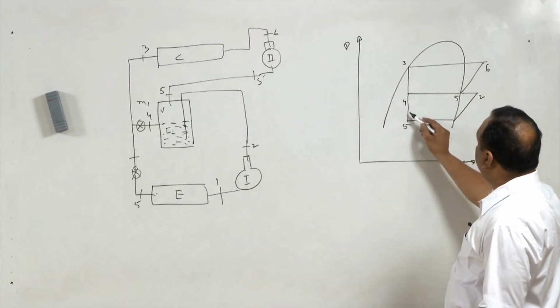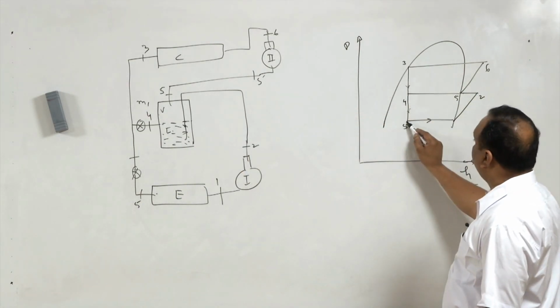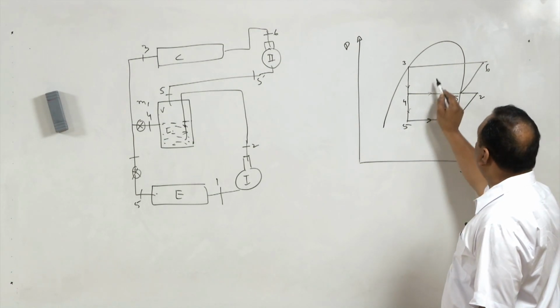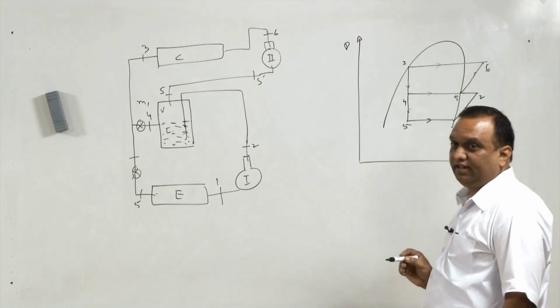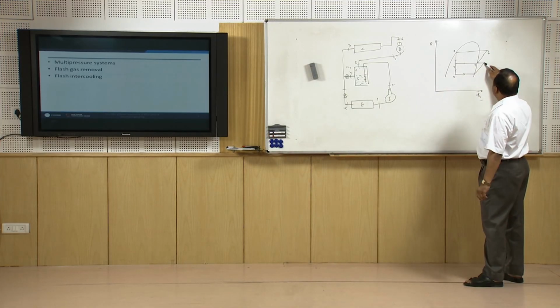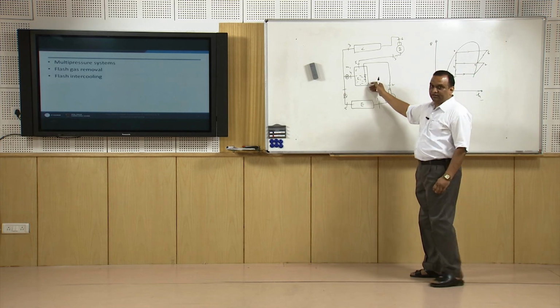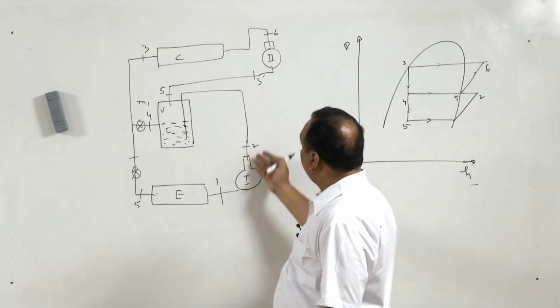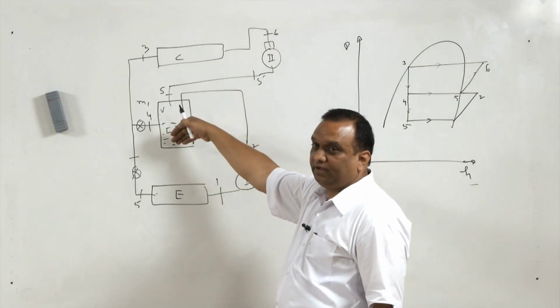So expansion is taking place here and the vapor is entering the evaporator and refrigerating effect is attained. Now in flash intercooling, the output of the compressor is sent to the flash chamber where this superheated vapor is mixed with the saturated vapor.